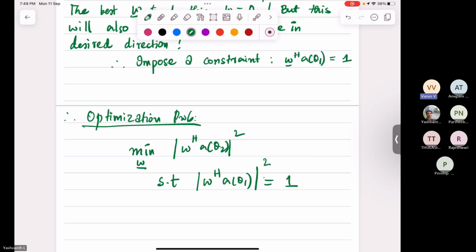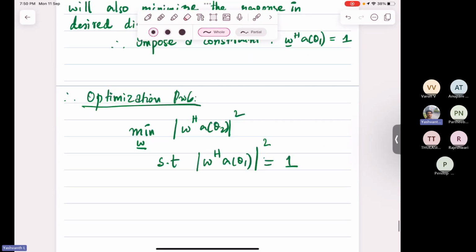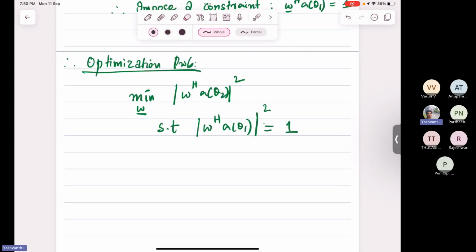Yes. So one doubt. Instead of this, why can't we write maximize W Hermitian A theta 1, such that W Hermitian A theta 2 equal to 0? You can't do equal to 0. What you can do is say less than some very small number epsilon. Yes, that's also a very valid problem. You can solve it and check, and tell me next class.